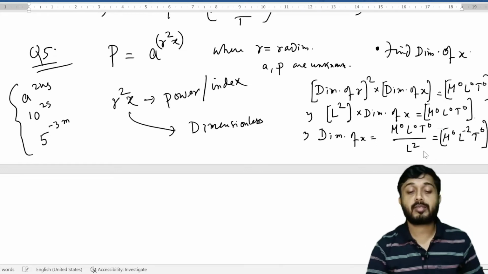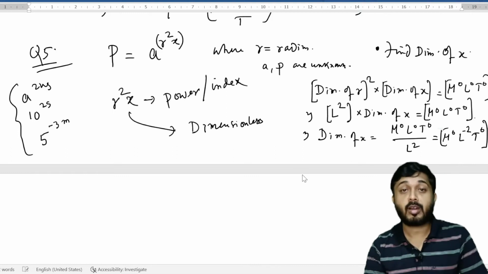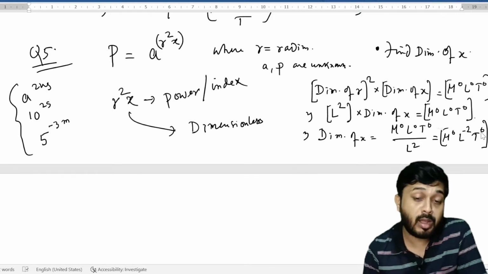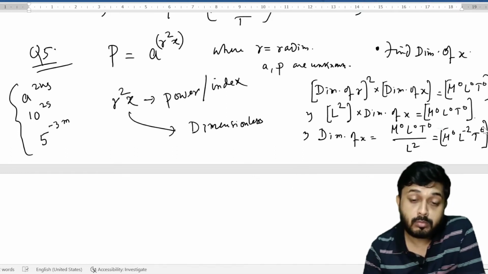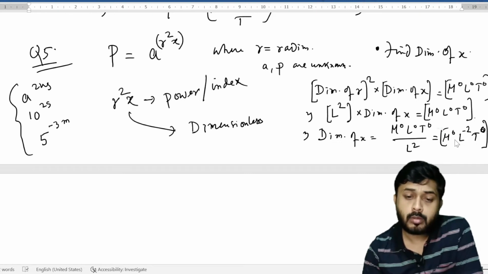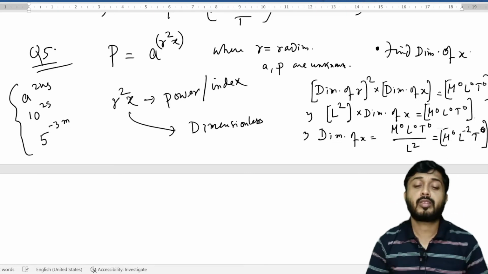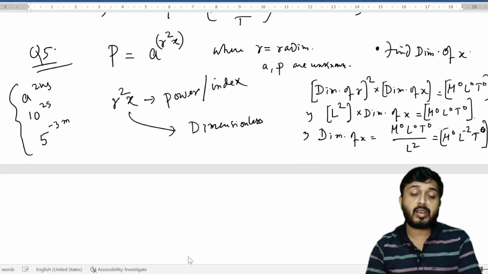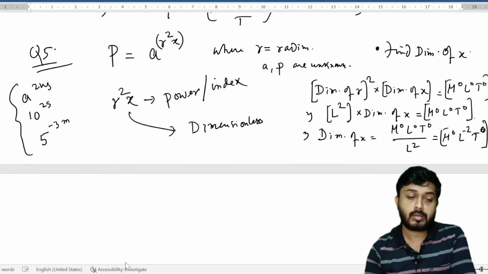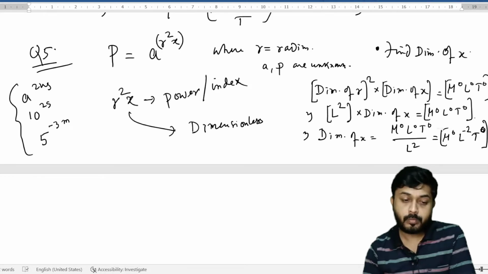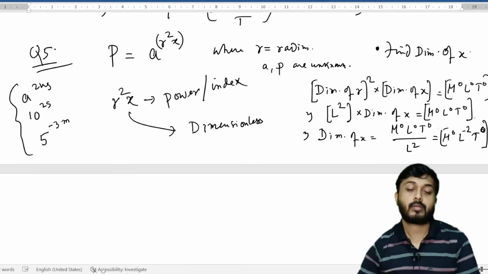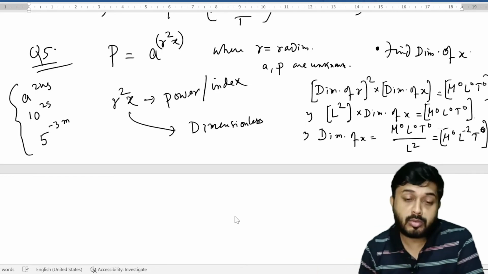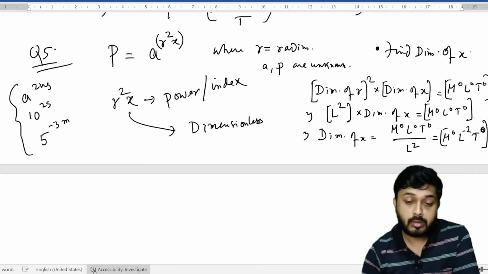That is the dimensional formula of x, or the dimensions are 0, minus 2 and 0 on m, L and t respectively.